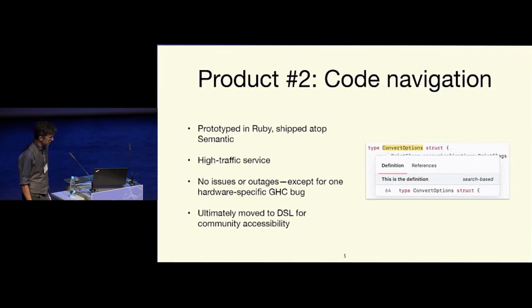Now, at this point, the code navigation service is built on a DSL. This is not reflective necessarily of Haskell being the wrong tool for the job or Semantic underperforming. Semantic did a killer job in practice, but what we want is community involvement. The Semantic code team is a small team.